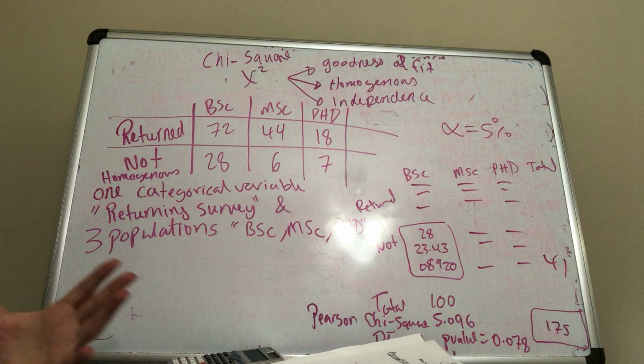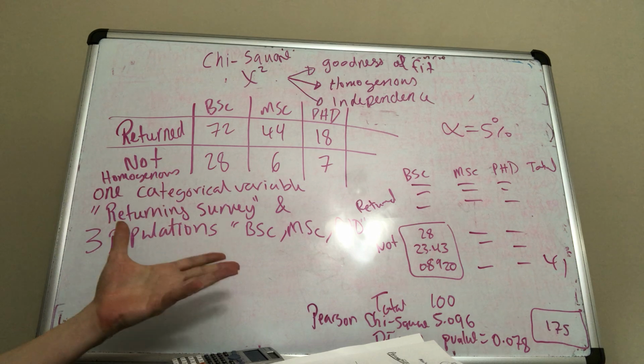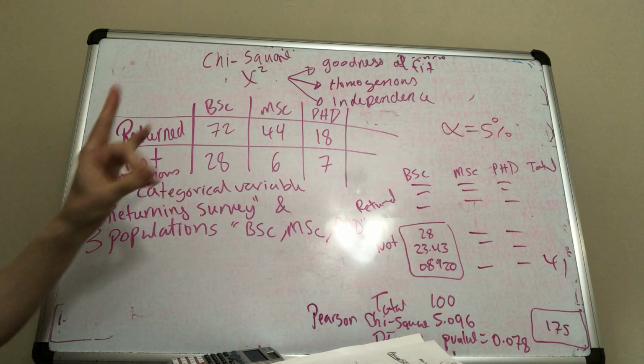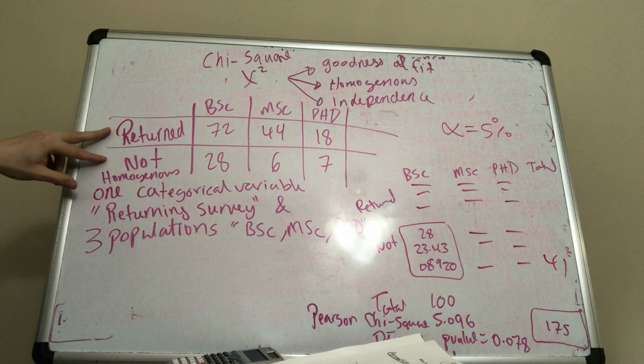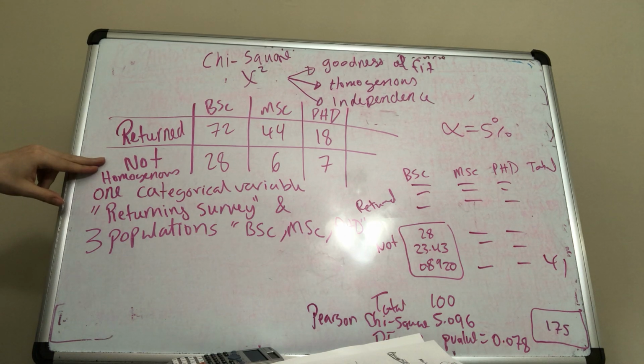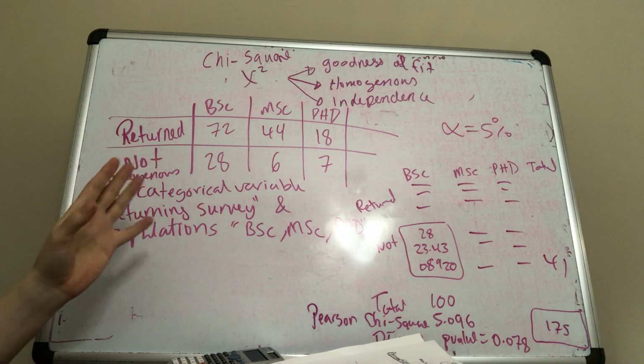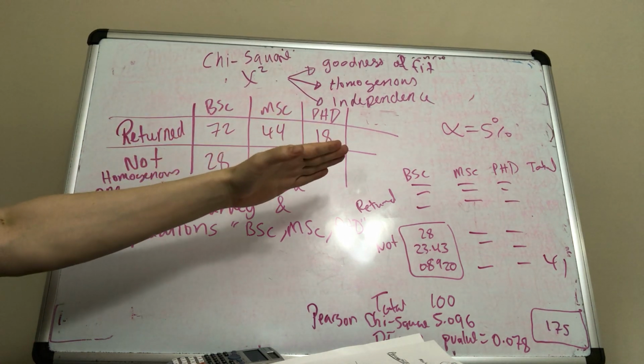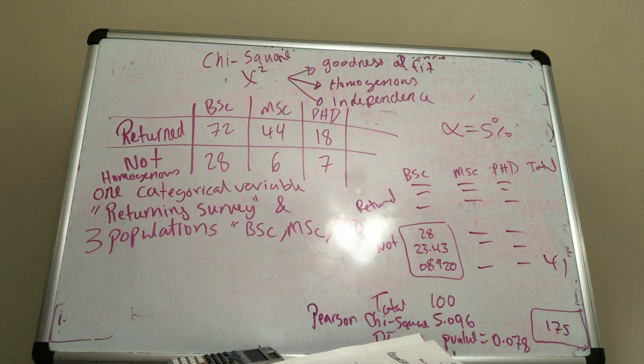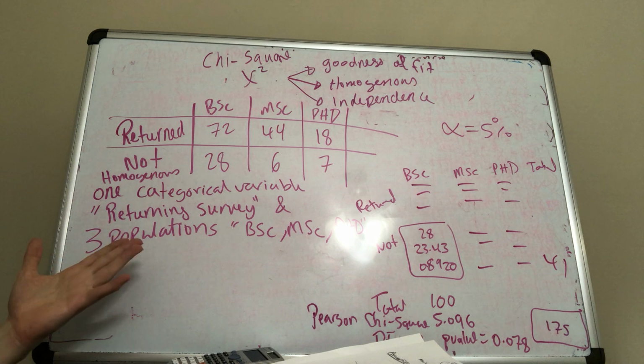Again, when they say you're selecting samples, that means you have 1 categorical variable, return, not return, and you have, depending on how many samples or populations you're selecting. In this case, you're selecting 3 populations or 3 samples.